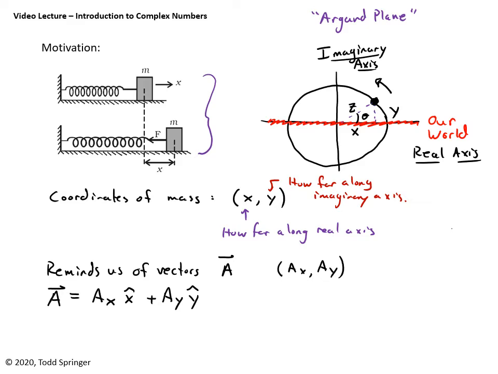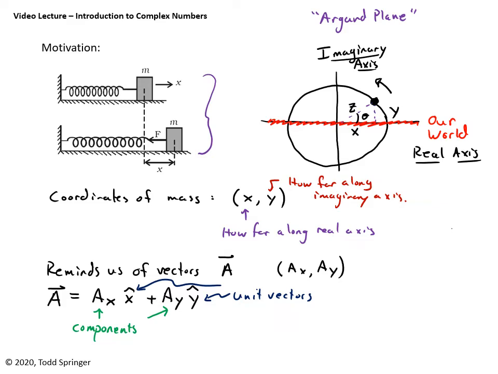So these guys are my components, and then these guys here are unit vectors. Those are telling me which direction do I go. So ax is a number. It's like 5 meters. And then, you know, a vector has a magnitude and a direction. So if ax is 5 meters, x hat is telling me which direction do I go that 5 meters in. So components and unit vectors.